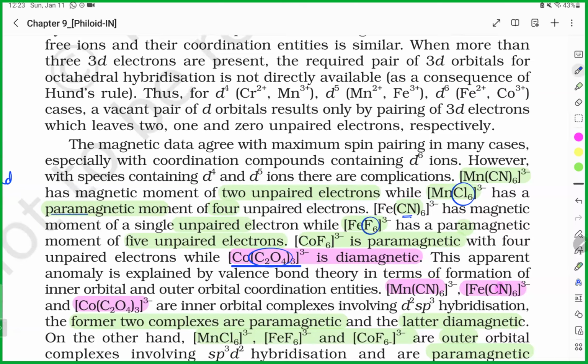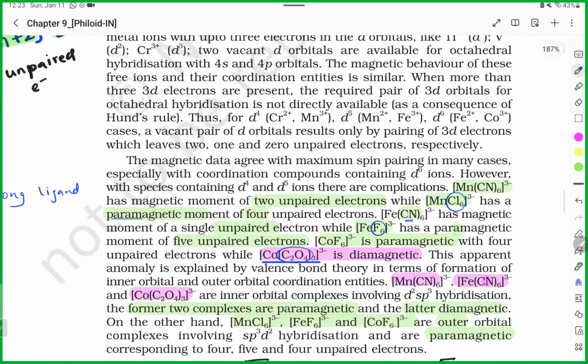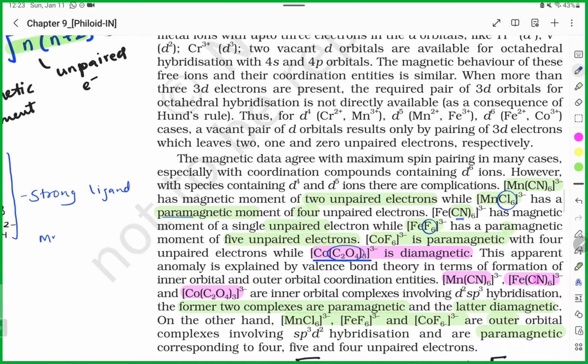But remember, when you want to check whether a compound is paramagnetic or diamagnetic, you have to write the electronic configuration. For example, if you take manganese 3 positive, then you have to see how many electrons are present. What is the electronic configuration of manganese, Barinder? 3d5 4s2.